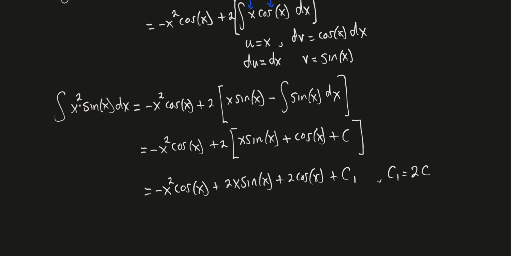Now, you can imagine, for instance, if the problem started with x cubed, then we would likely have to do integration by parts 3 times. If it started with x to the 4th, we would likely have to do integration by parts 4 times to get it to work, right? For certain types of integration by parts problems, there is not really a shortcut, but there is a more efficient way to organize the process.